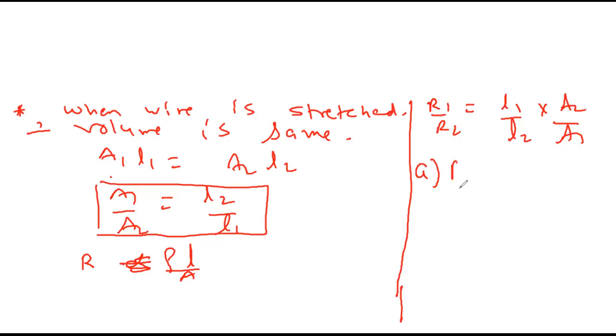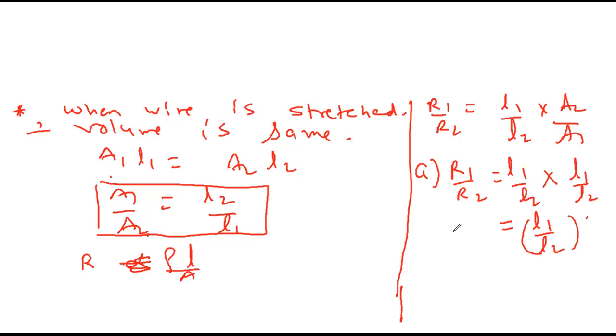So if only length is given, when the wire is stretched, then for area I can replace with length: A2 upon A1 is L1 by L2. That means L1 upon L2 squared. So R is proportional to L square. When the wire is stretched, don't say R is proportional to L. R is proportional to L square.